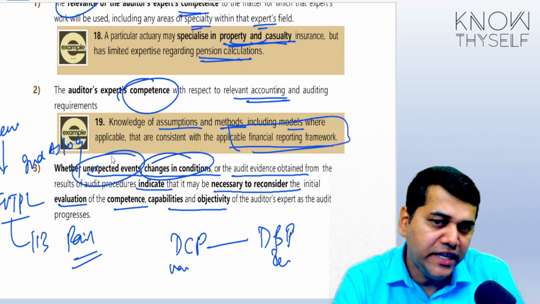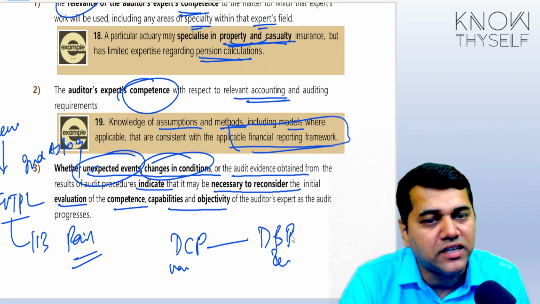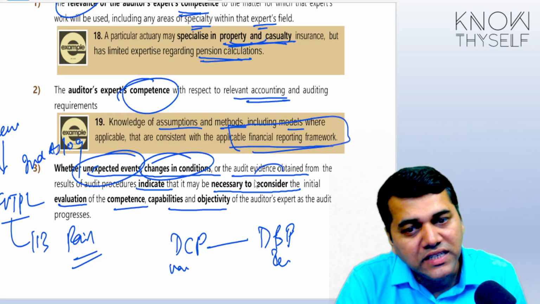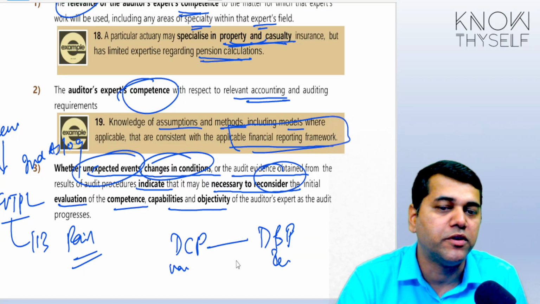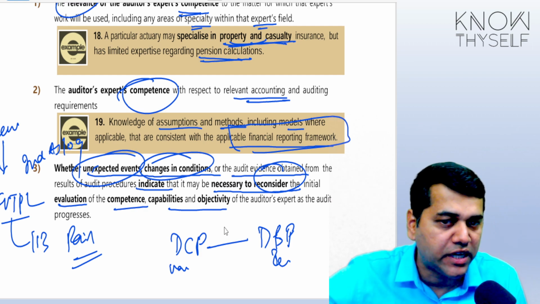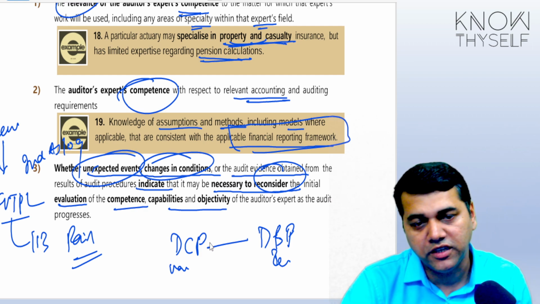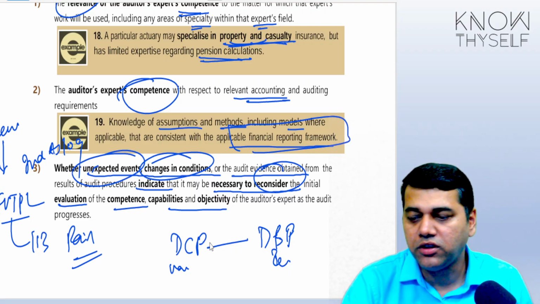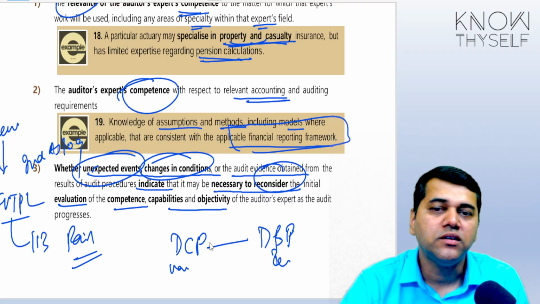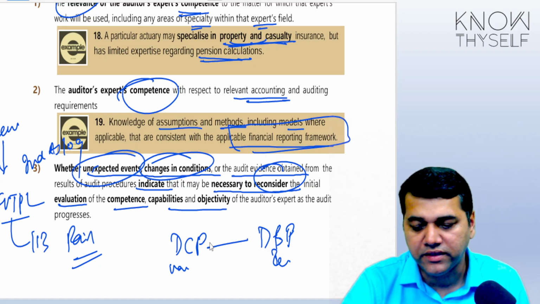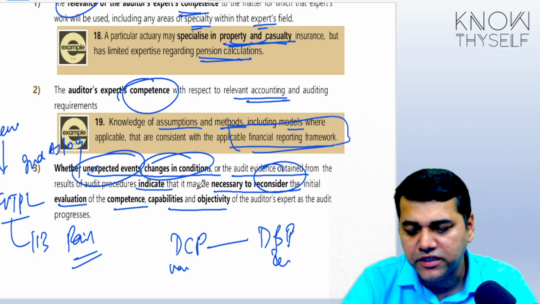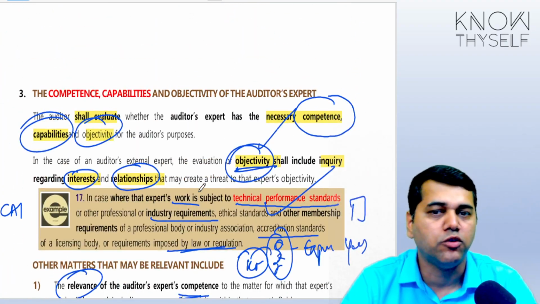So the moment any unexpected event or change in conditions happens, you have to reconsider the competency and capability, because sometime back you may have required one type of expert, but suddenly you may require a change. So these are all the factors you may have to consider when you talk about competency and capability. These can be written in the form of a pointer, students. I hope you are clear.